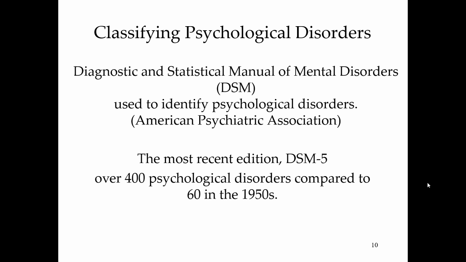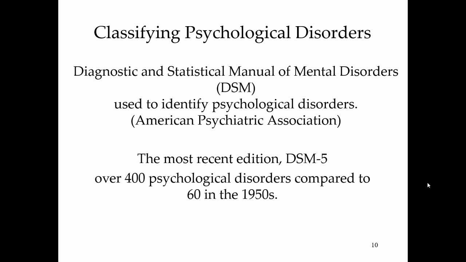In DSM-5, there are over 400 psychological disorders listed, as compared to 60 in the 1950s. Now you might wonder, well, what's up with that? Why so many more disorders nowadays? Is it that there's really that many new and different things popping up? Well, not so much.